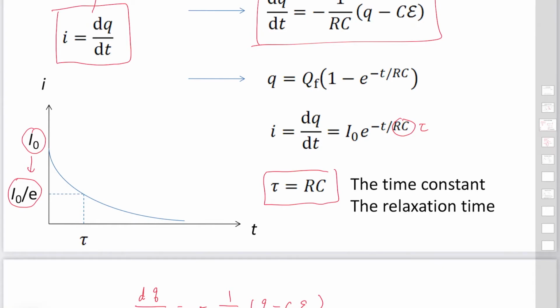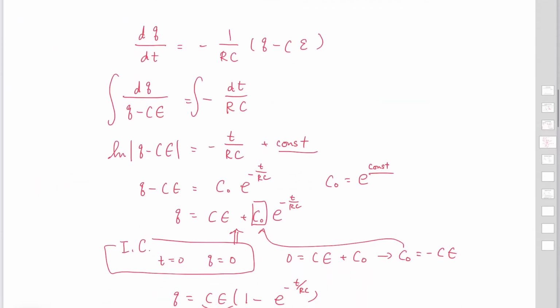So we call this tau the time constant or relaxation time. When the capacitance is large and or the resistance is large, it takes long to store charge on the capacitor because the time constant becomes large.